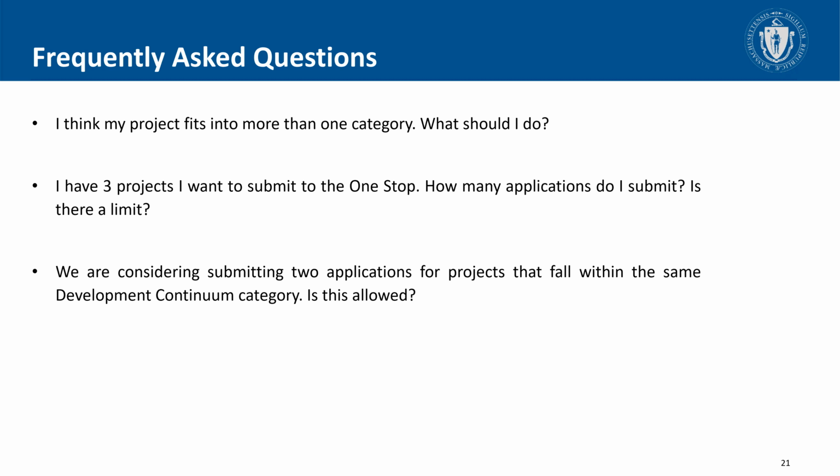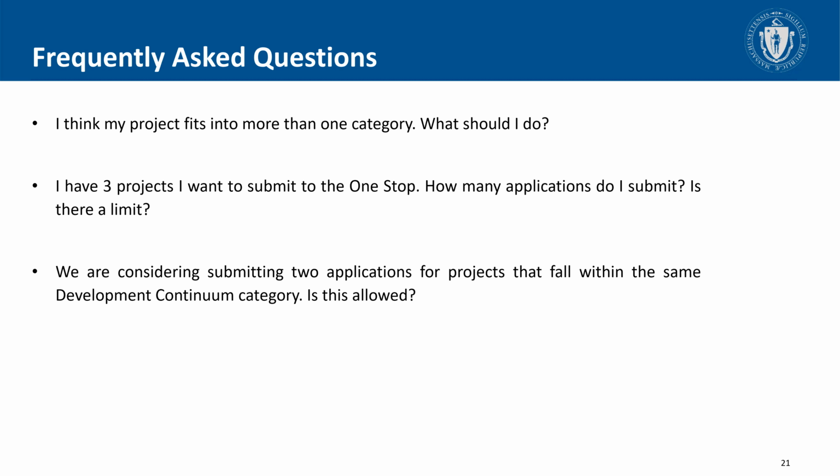So let's see, do you fill out an expression of interest per project or just an application? As we mentioned in the first webinar, it's probably important to note the big change with the expression of interest for those of you that have participated in the past. We used to have you submit it through the IGF system, and there was a limit to the number of projects you could submit.